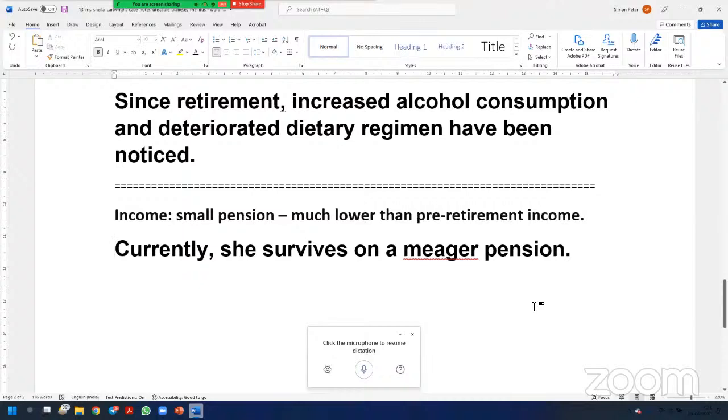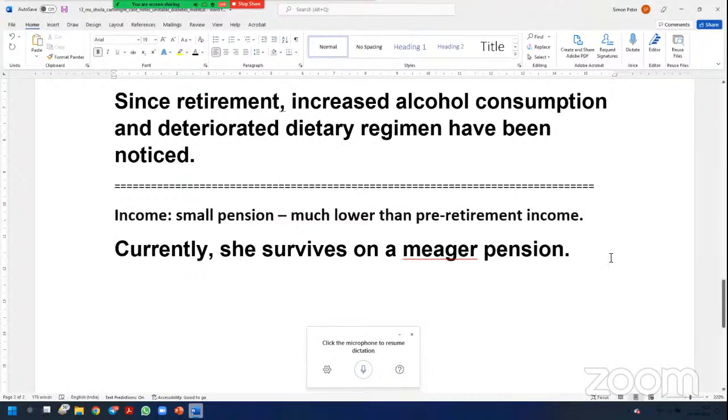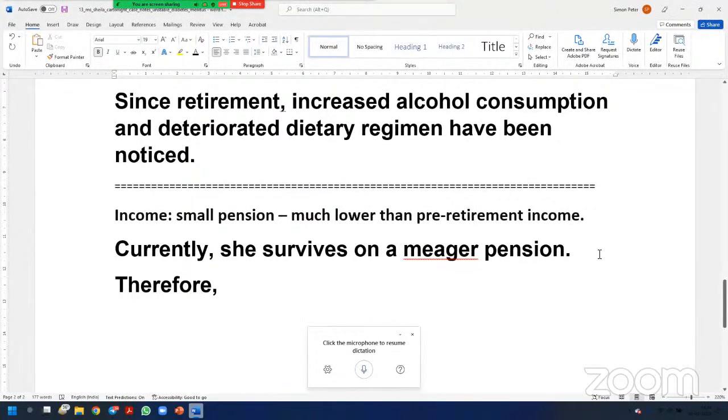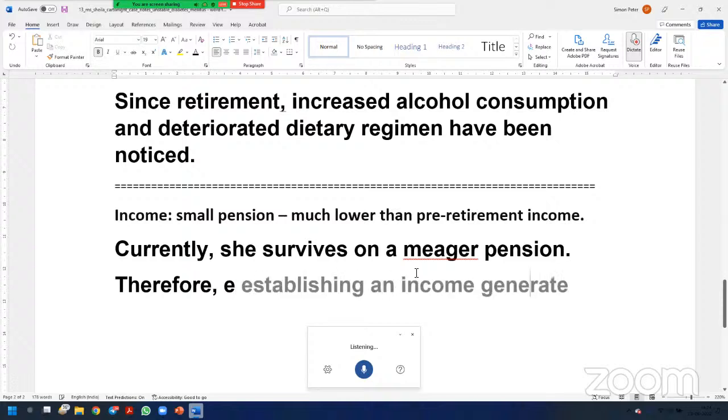So therefore she requires an income generating activity. Establishing an income generating activity is recommended.